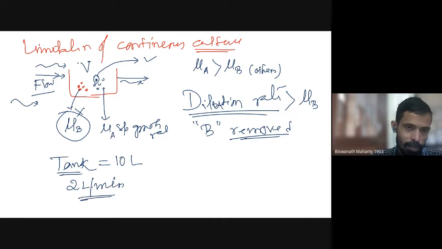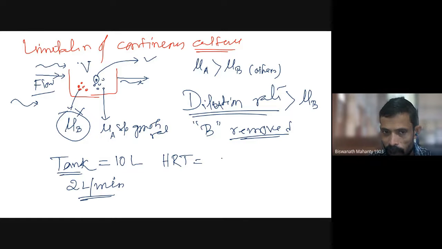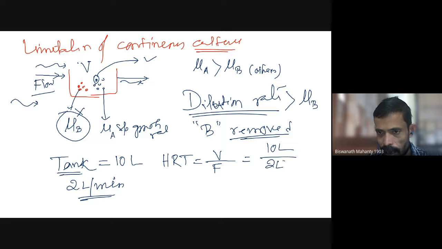Okay, tank size is 10 liters and the feed coming is 2 liters per minute flow rate. There is one terminology you'll possibly be studying in your upcoming class, called hydraulic retention time. That is volume divided by flow rate. That means 10 liters divided by 2 liters per minute equals 5 minutes. You do the calculation, it will be 5 minutes.